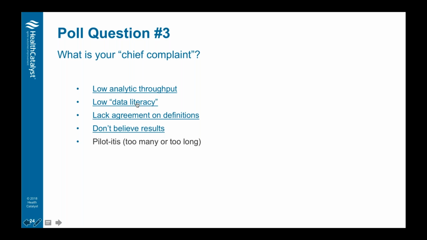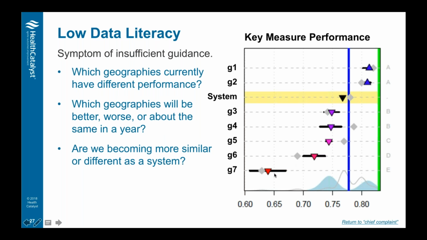So if we go back to this data literacy example, without showing these diamonds, people are having to make up in their own minds where it is that different geographies tend to be headed. And even if it turns out that someone with great knowledge of this geography knows that although the trend indicates they're going to improve, that's not going to happen for a specific reason.